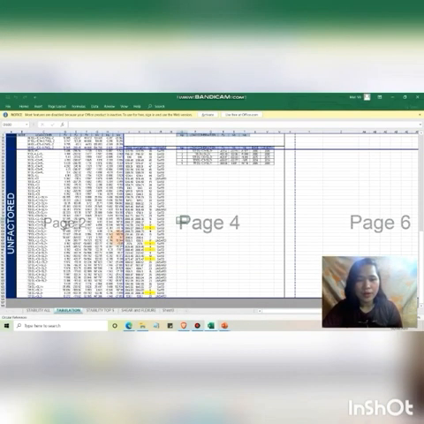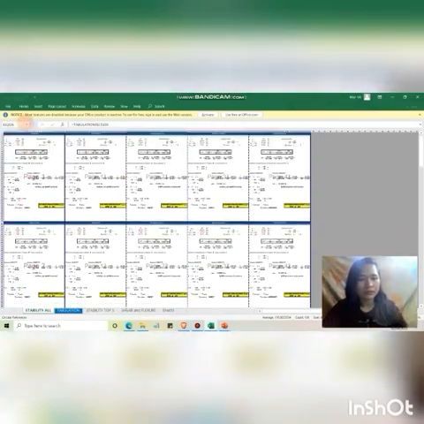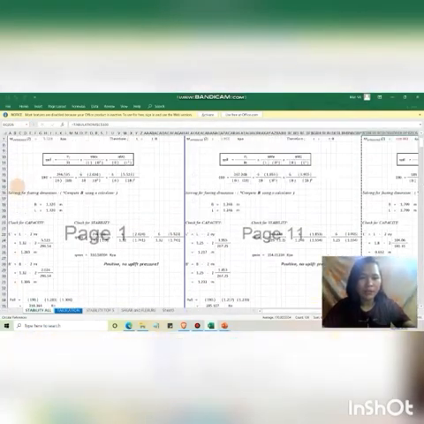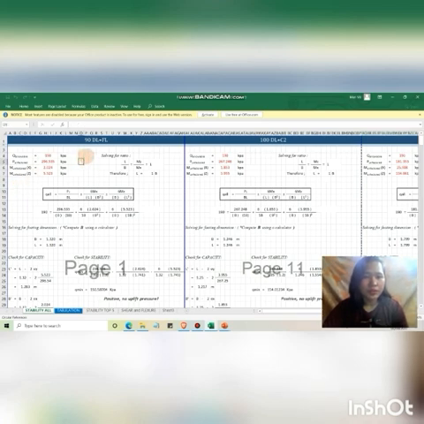For our calculations for the stability, we will go to this sheet. As an example of how we compute this solution, we will use load combination 90.